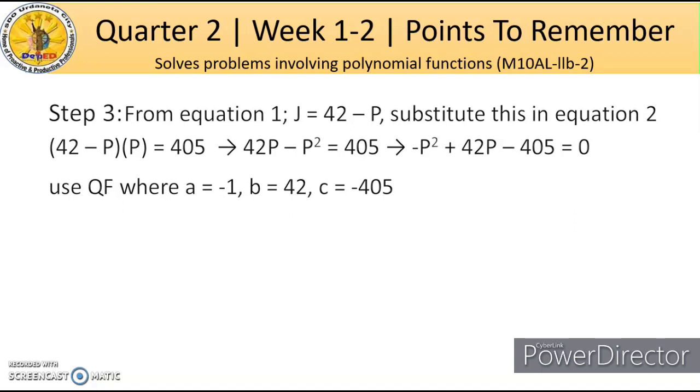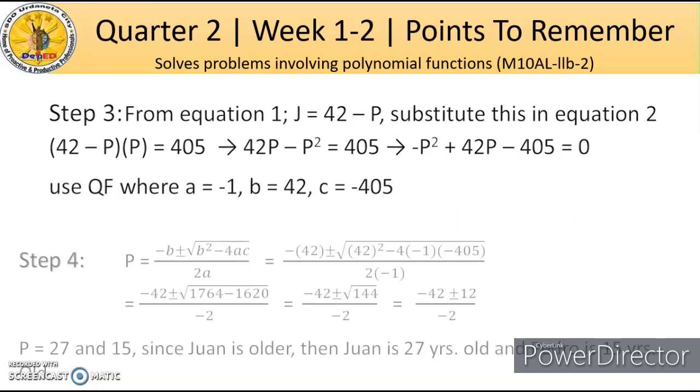Again, we have a quadratic equation. So we may use the quadratic formula where A is equal to negative 1, B is equal to 42, and C is equal to negative 405. For Step 4, we will evaluate or solve the problem.